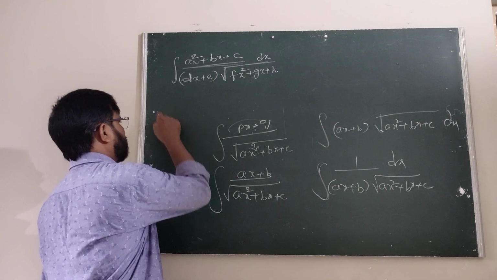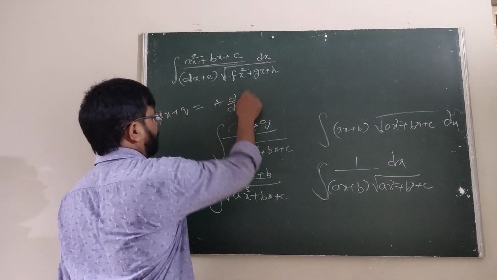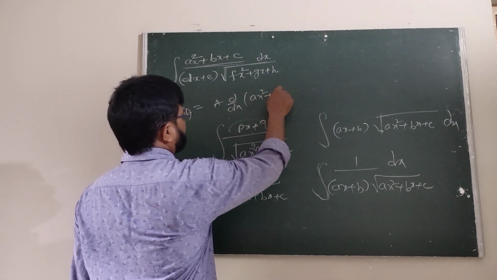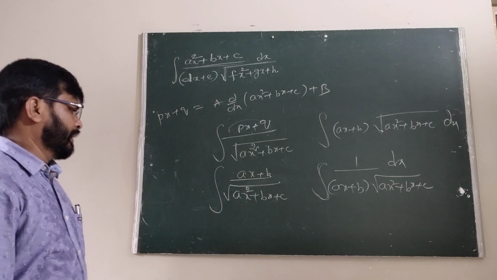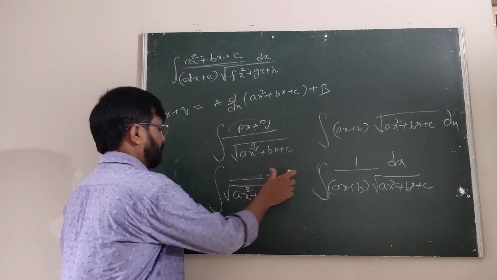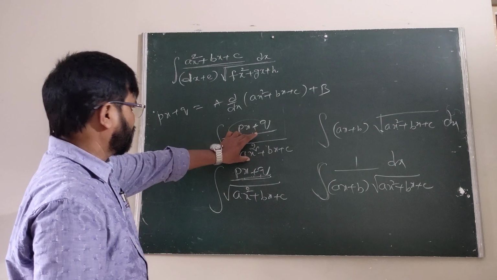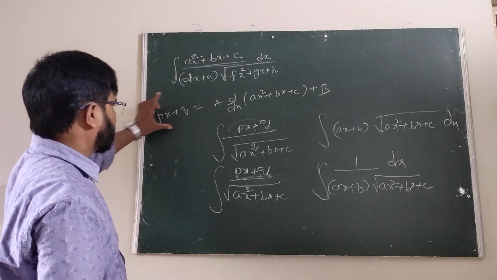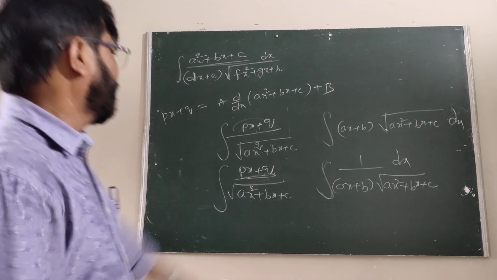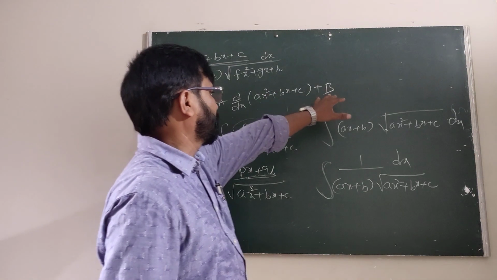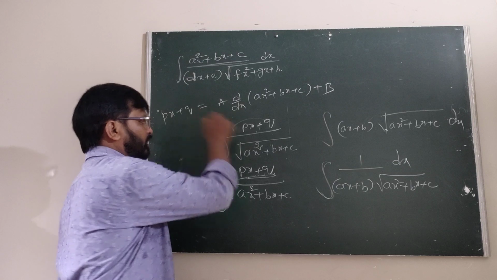We know that the linear px + q equals a into d by dx of (ax² + bx + c) plus b. Similarly, we can write px + q and then divide it by this. After taking px + q equal to a into d by dx of the quadratic plus b, we divide and apply integrals on both sides.